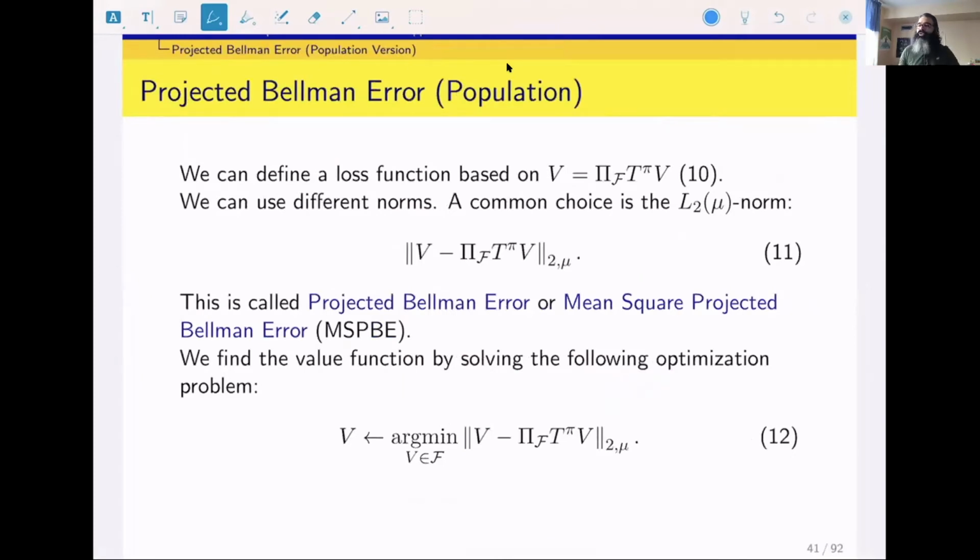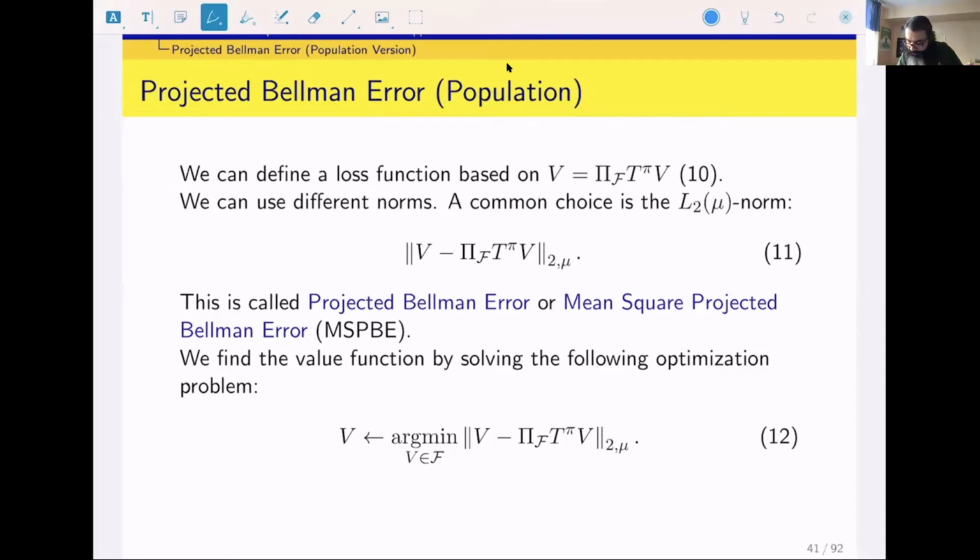So the idea of projected Bellman error was to find a V such that after applying the Bellman operator, getting out of that space and then projecting back, the distance between these two points would be the same, like they would be the same point. We can also think about it as a loss function. If they fall back to the same point, the distance, of course, would become 0.